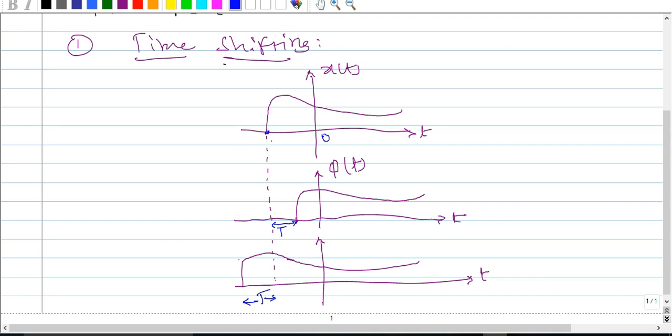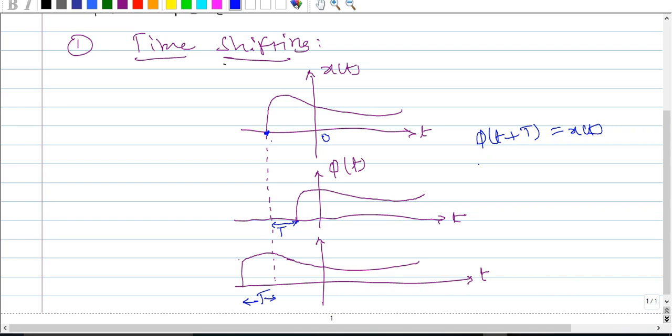Now you can see that whatever is happening in this signal for any time instant t is happening in this signal after t seconds, at t plus capital T. So I can write phi of t plus capital T is equal to x of t, meaning whatever is happening in x at time instant t, the same thing is happening in phi at time t plus T. So we can say that this is a delayed signal.